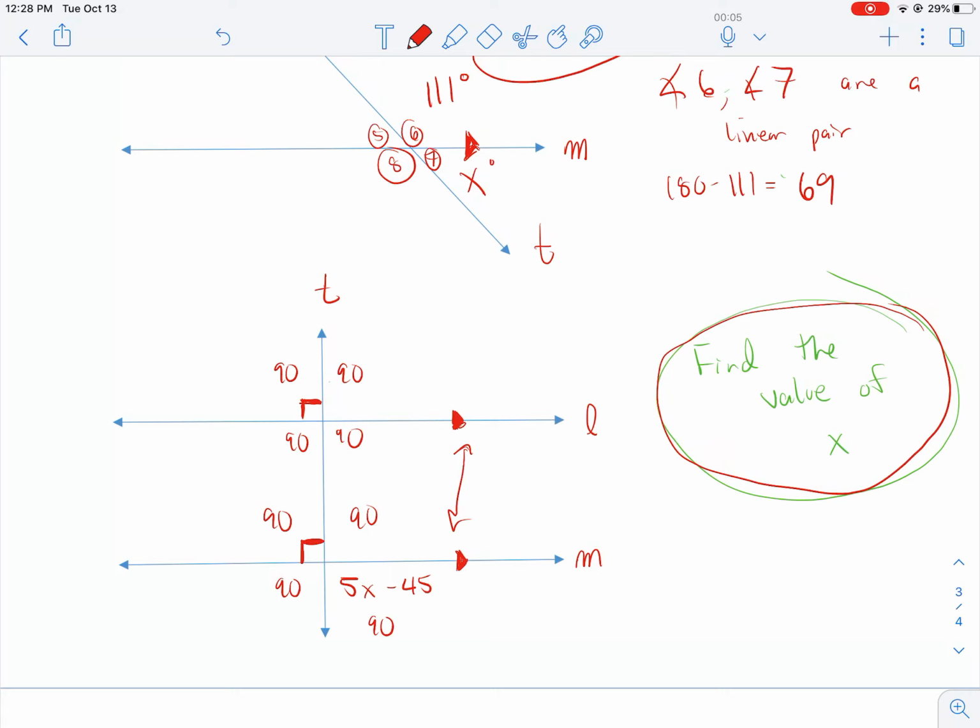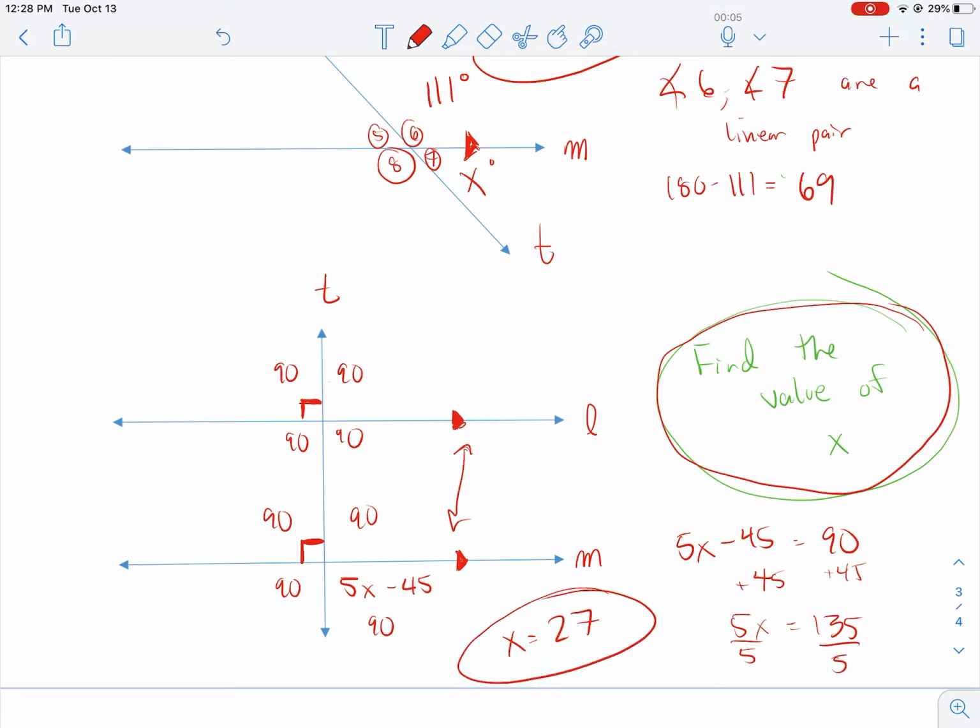So in order to find the value of x, I need to take this expression and set it equal to 90. By doing so, I get 5x is equal to 135. Dividing 135 by 5, x is equal to 27.